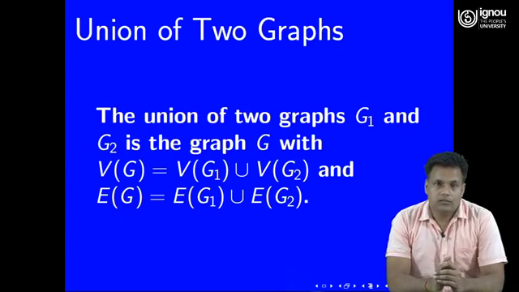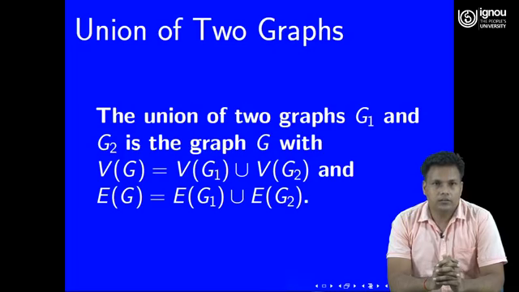Now, there is another concept related to graphs, and it is the union of two graphs. So, given two graphs G1 and G2, the union of G1 and G2, the graph G1 union G2, has vertex set V(G) equal to V(G1) union V(G2) and edge set E(G) equal to E(G1) union E(G2).